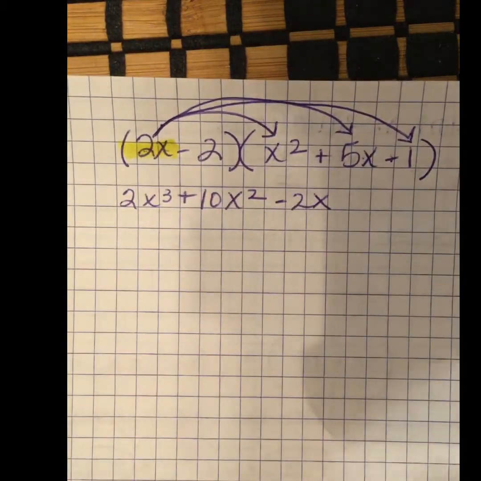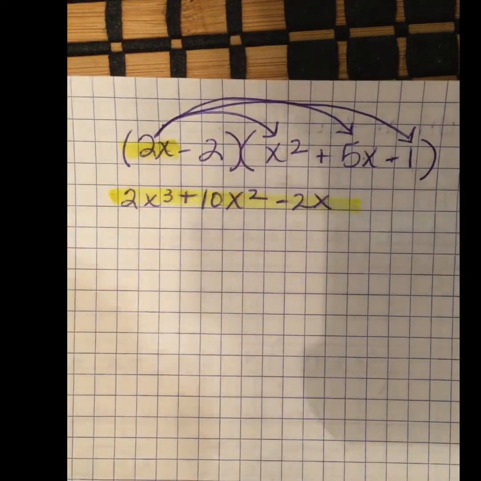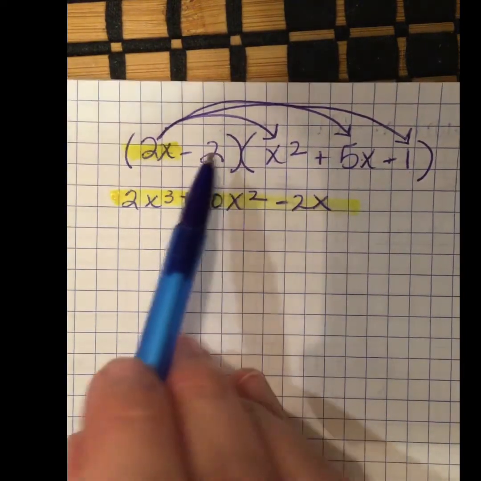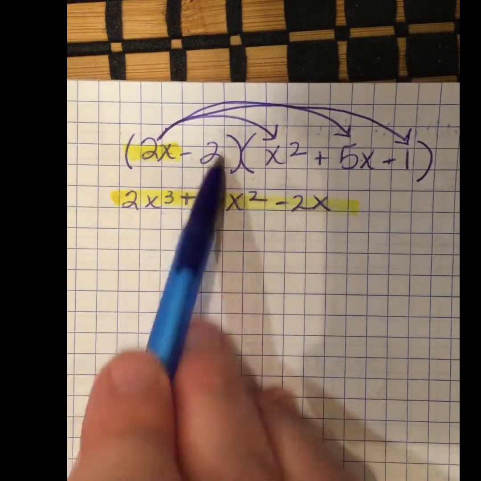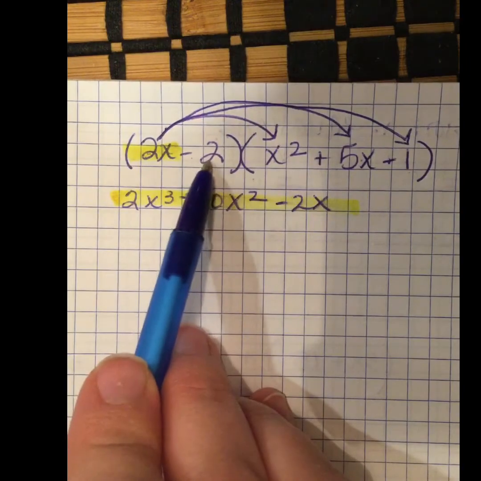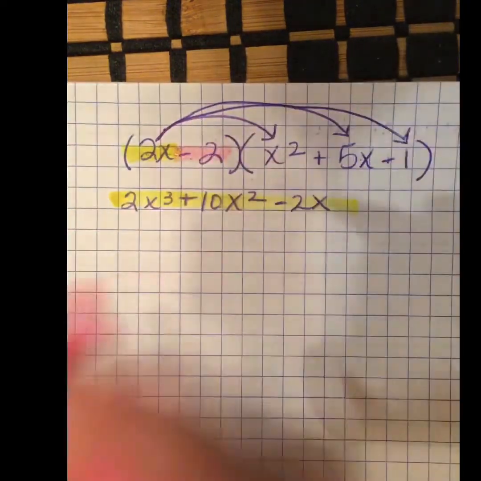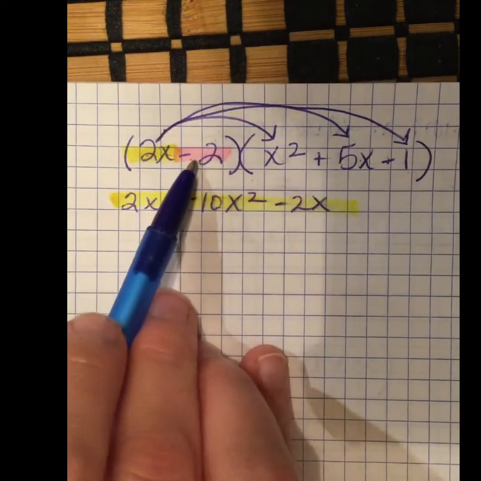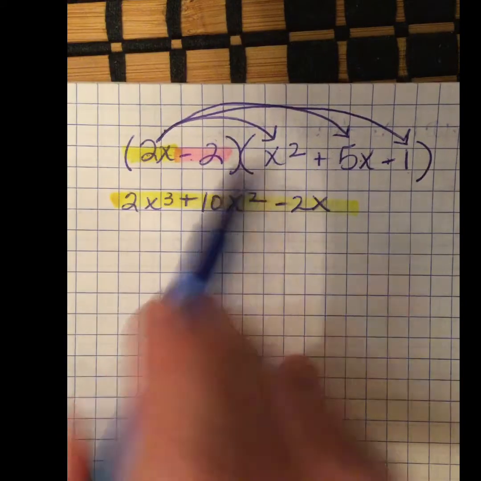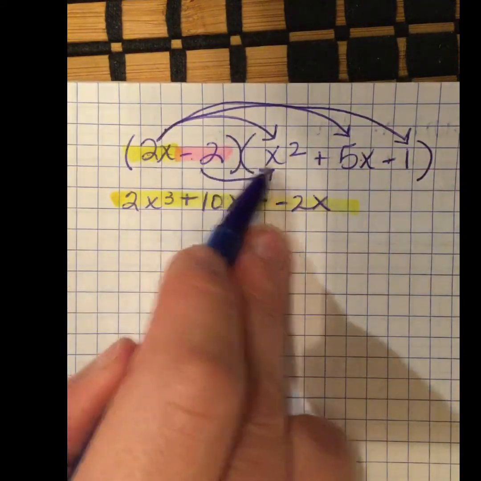Okay, so all of this is a result of the 2x. Now we have to do the same thing with the negative 2. And in this organization method, I'm actually going to make a second line for my second number, but I'm going to stack it in a way you'll see. Okay, so I'm going to do the negative 2 times the x squared, which would be negative 2x squared.